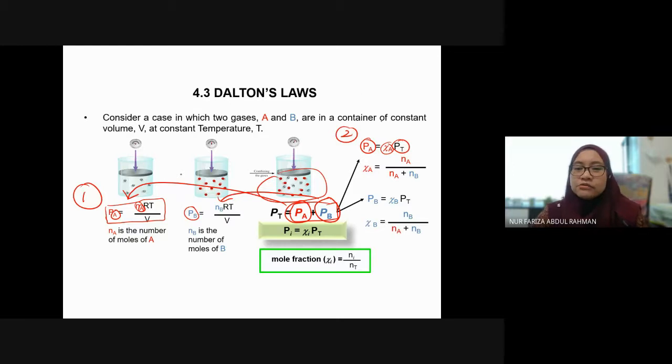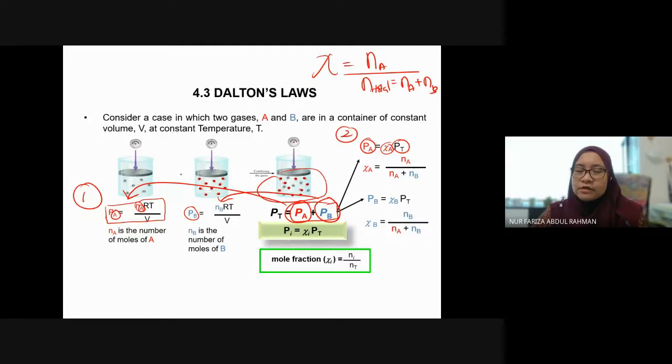So remember, we have learned mole fraction in topic 1 last time. So mole fraction is equal to mole of A over mole total, which mole total is equal to, in this case, Na plus Nb.